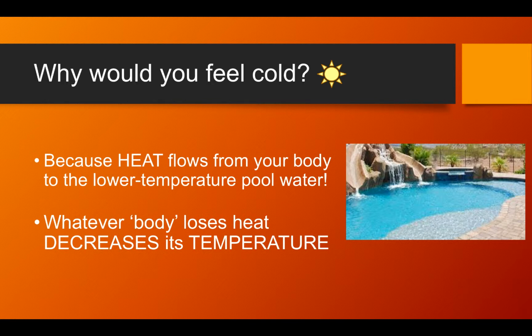So if you get into the water, you're a higher temperature body, the water is a lower temperature body. Your body gives up its heat to the pool water, and therefore you giving up heat make you feel like you're getting cooler. In fact, you indeed are getting cooler, and it decreases your overall body temperature and you feel cold.